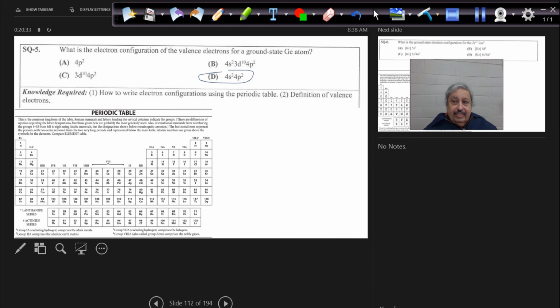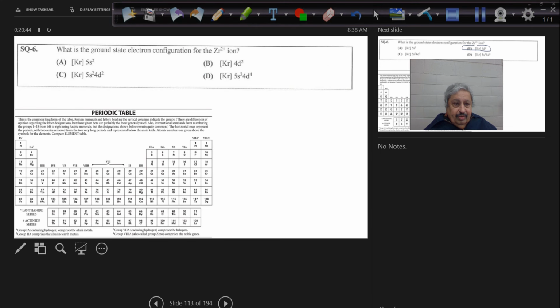So let's take another one and then you tell me. This one I'm not showing you the answer up front. So here it is. What is the ground state electron configuration for zirconium 2 plus? Zirconium 2 plus, ground state.